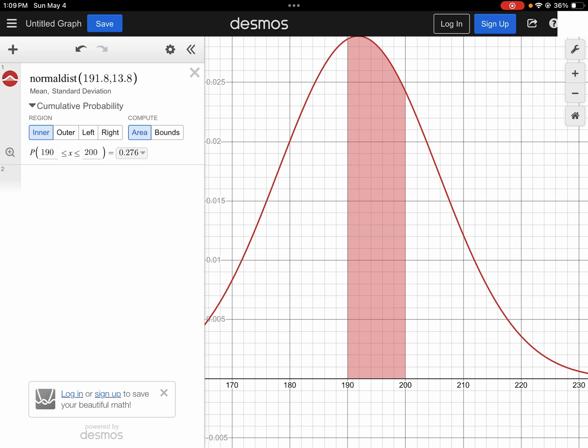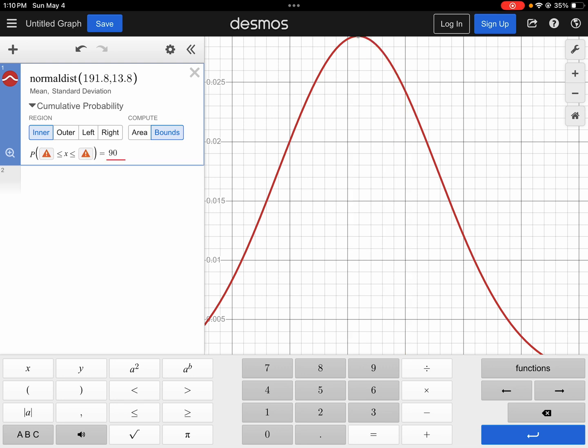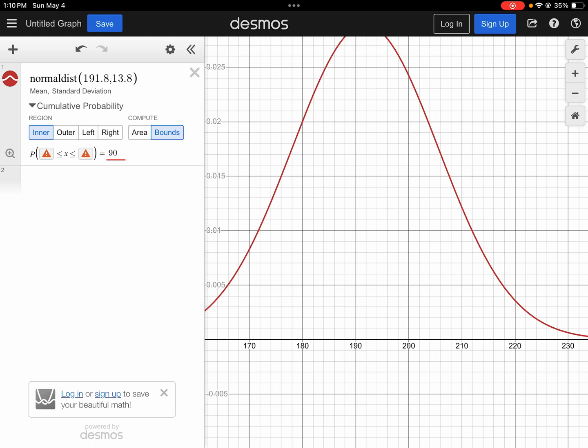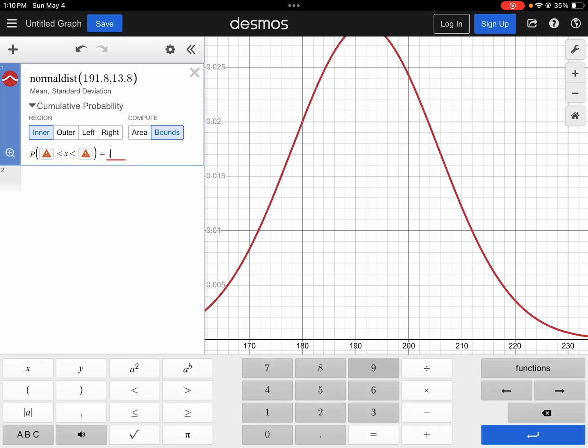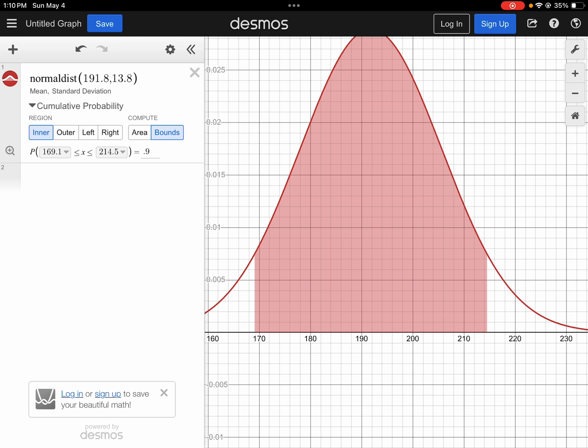So notice how on the bottom you have the calculations where you input the scores, so 190 and 200, and it gives you the probability. If you switch it to bounds, it makes it so that you can type in the percentage, I should say 0.9. There we go, that's why it was giving me a hard time. So we can't do 90%, we have to do 0.9.